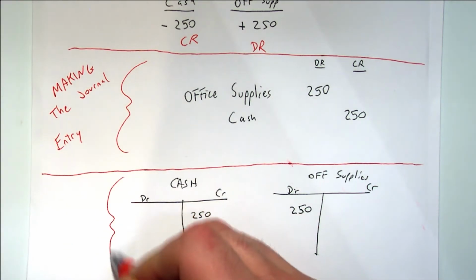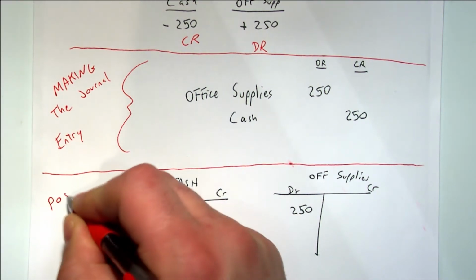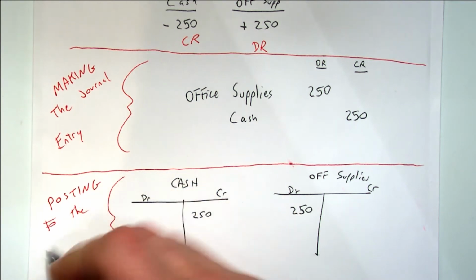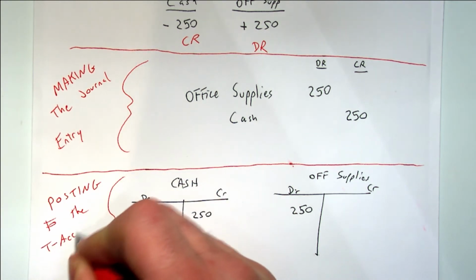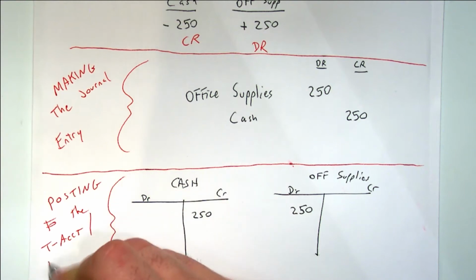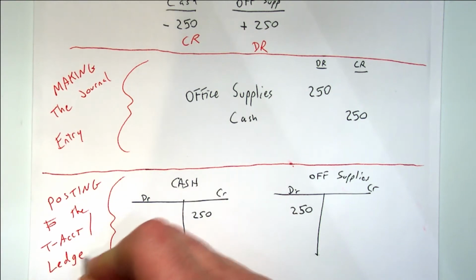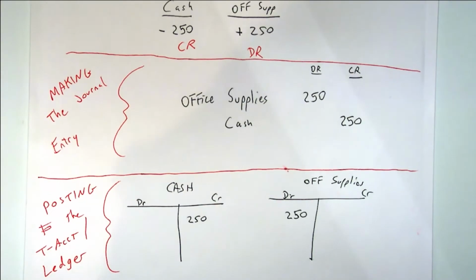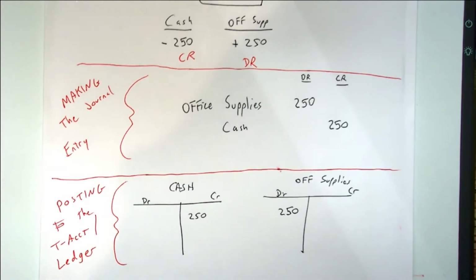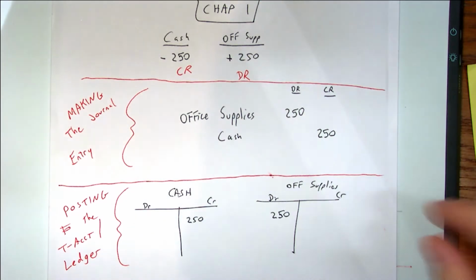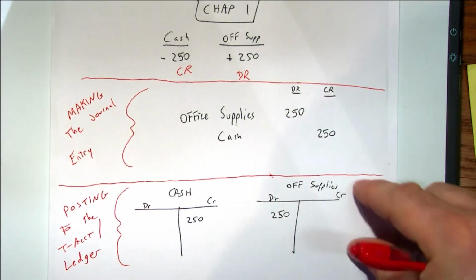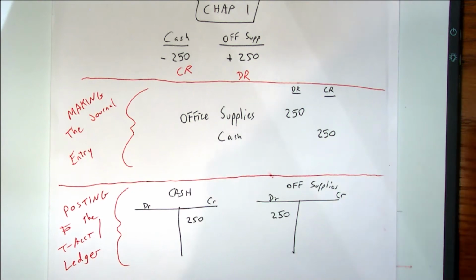This is actually called posting to the T account, or sometimes we call it the ledger or the general ledger. This is called making the journal entry, and it's the instructions to do this. Are you with me?